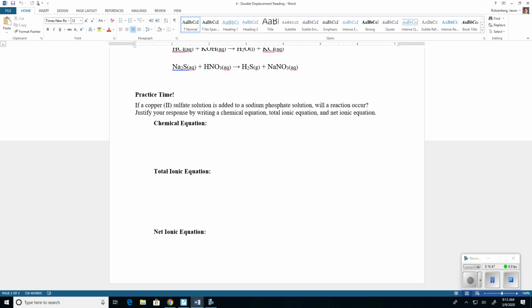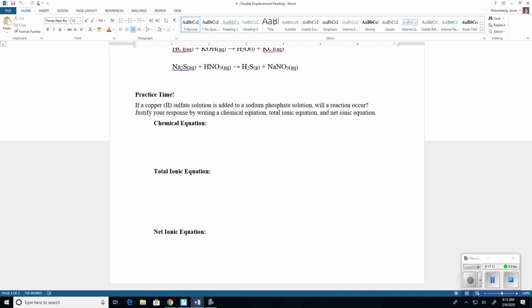Again, our last goal of today is, now that we're hopefully starting to get used to writing chemical equations, can we write the total ionic? Because anything that deals with a solution, we have to recognize when we write NaCl aqueous, that's a simplification. It's actually Na plus ions floating all around, Cl minus ions floating all around.